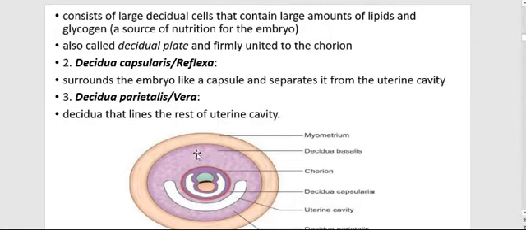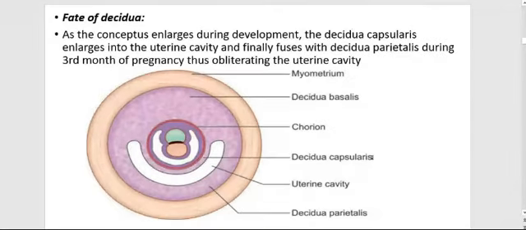So we have the decidua basalis, the structural component from the maternal part which contributes to the placenta; the one which covers the conceptus, the decidua capsularis; and then the part of the decidua which is further away from the conceptus and just lines the rest of the uterine cavity, called the decidua parietalis. So these are the three parts.